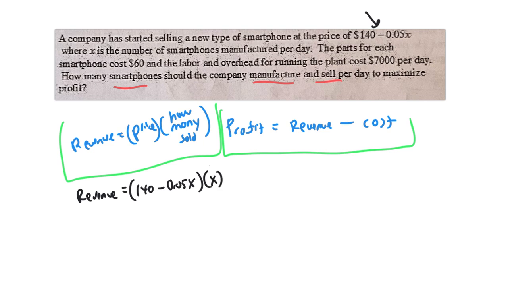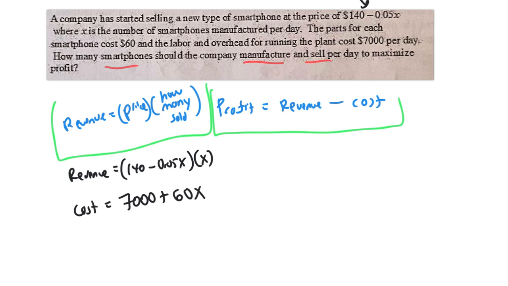Now, the cost of doing business is going to be 7,000 no matter what, plus $60 times however many smartphones you're manufacturing. So that's going to be 7,000 plus 60x.